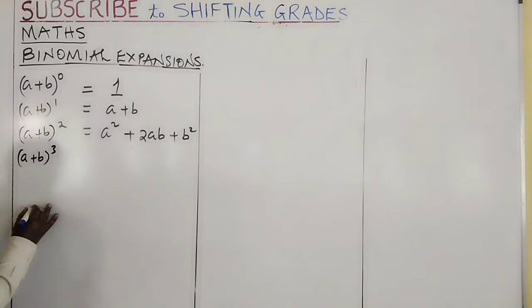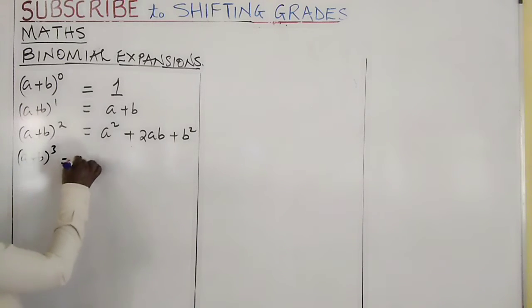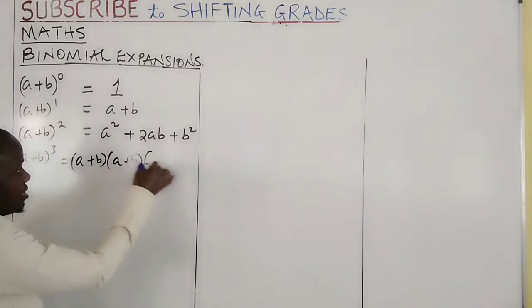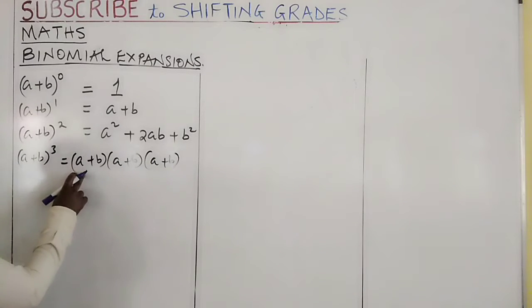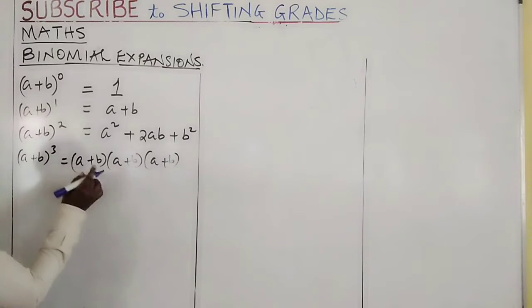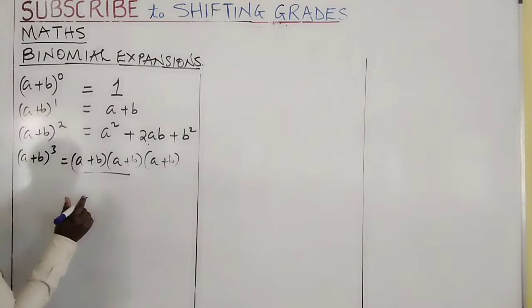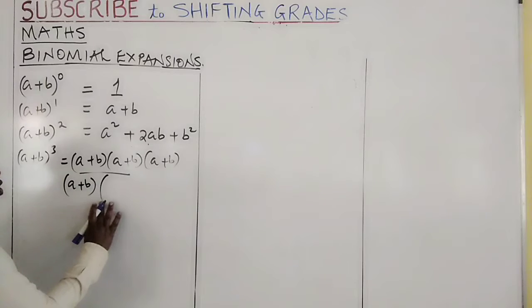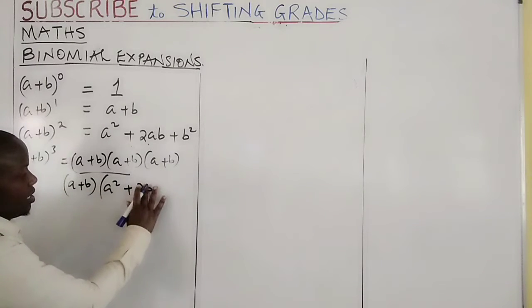Now, power 3 will involve some work. Power 3 means a plus b times a plus b times a plus b again. A plus b times a plus b is already a plus b squared, which is a squared plus 2ab plus b squared. So we multiply it again with a plus b.